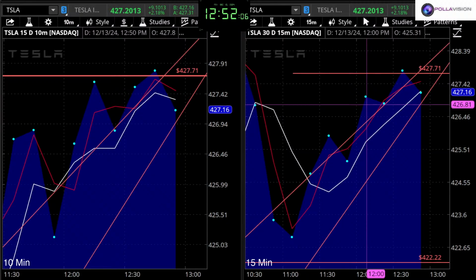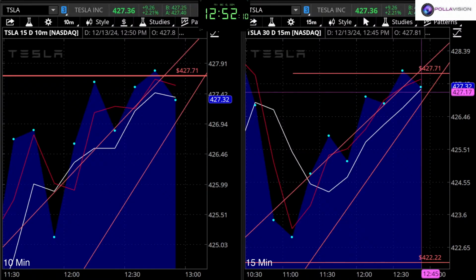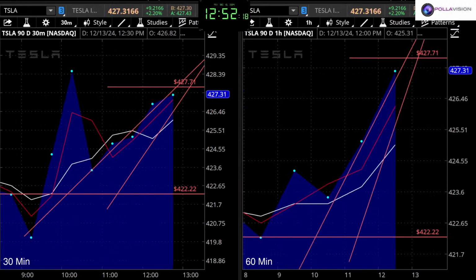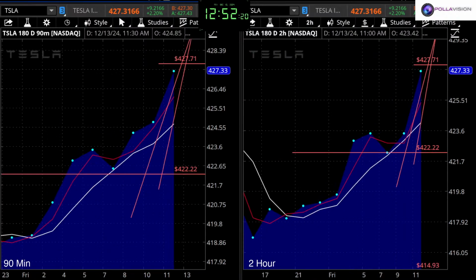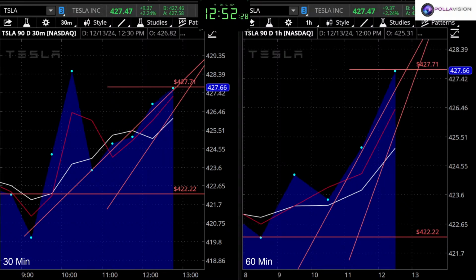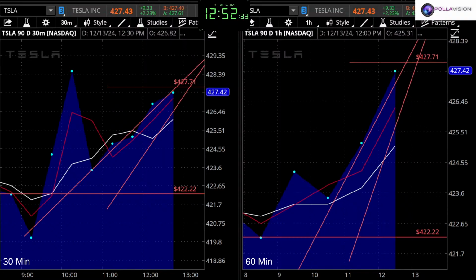That's the old low. Or is it going to reverse when it hits here? On the 30-minute, we're higher than the last 30-minute close. It's 20 minutes into the 30-minute period, and we are up.